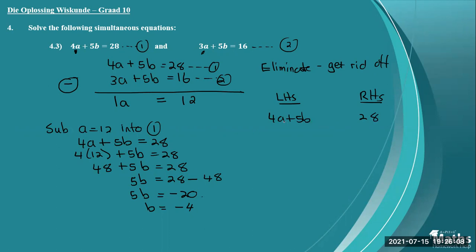Okay, so let's test quickly. So in the place of A, I'm going to put in a 12. And in the place of B, I'm going to put in a negative 4. And this will give me 28. So the left-hand side is equal to the right-hand side. So I know my answers are correct.